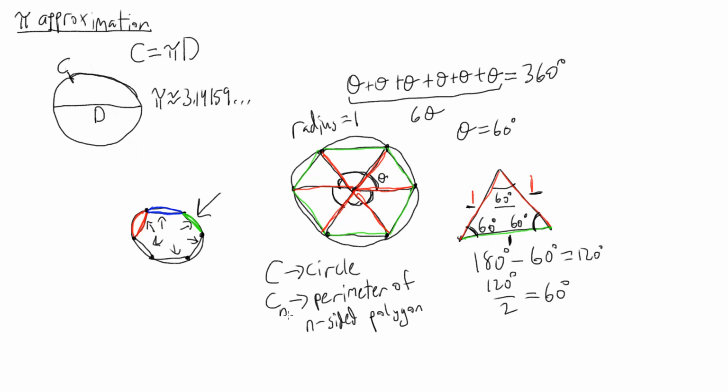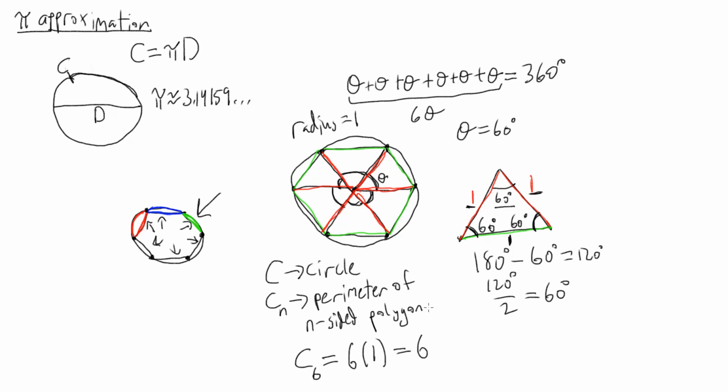So in this case, we just found C6, the perimeter of the 6-sided polygon. It's going to be 6 times the green edge, because I'm just taking 6 of them and adding them together. So we get 6 times 1, which is 6.